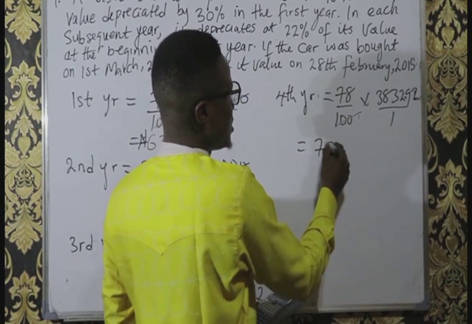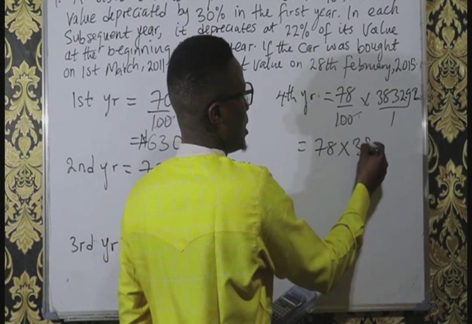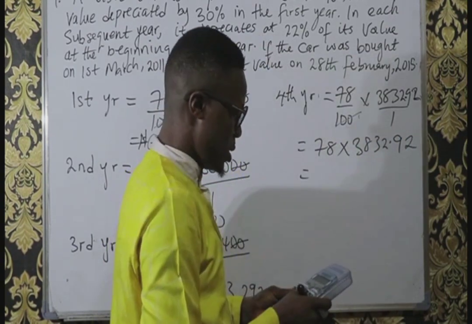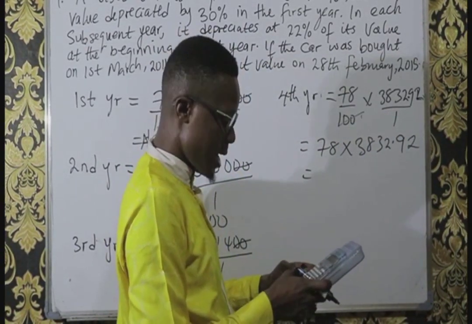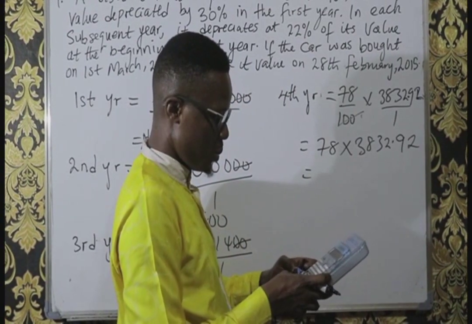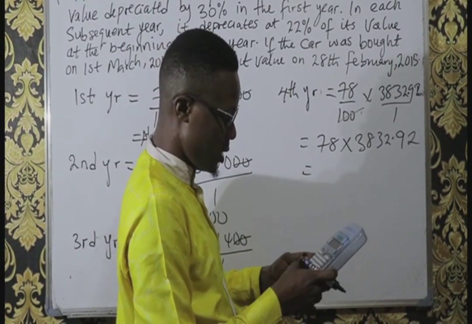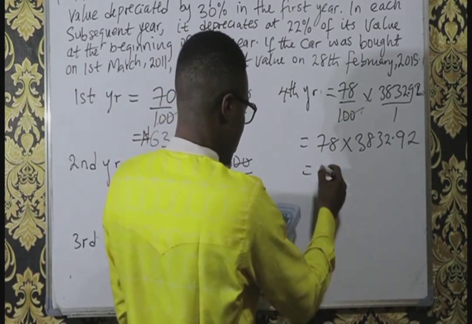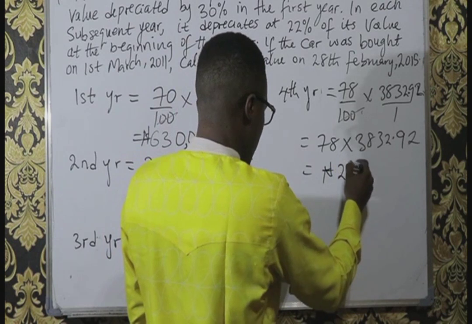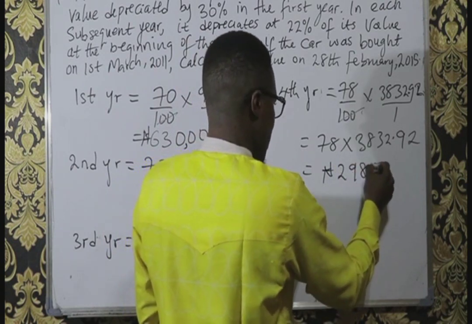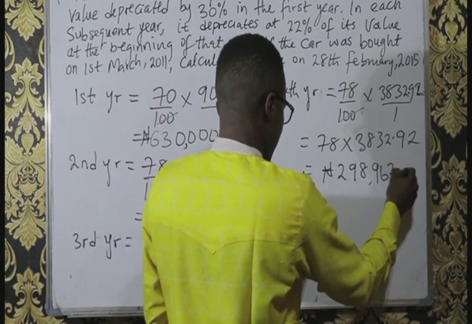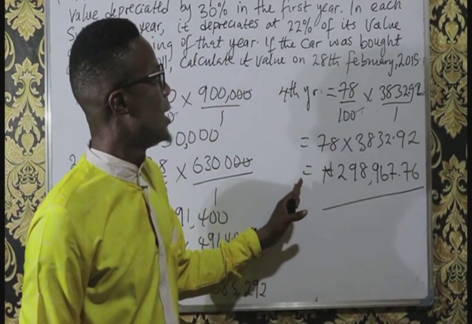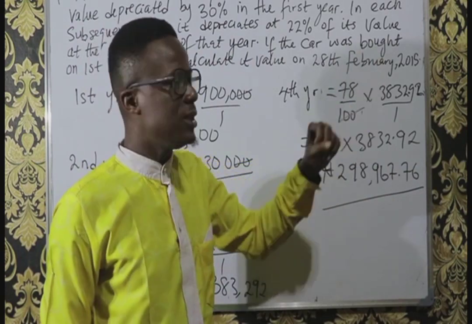So we shall have 78 multiplying 3832.92. And that will give us 298,967.76 naira. So this is the value of the car at the end of February 2015.